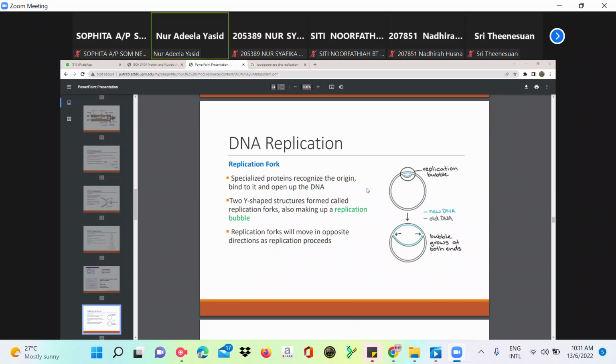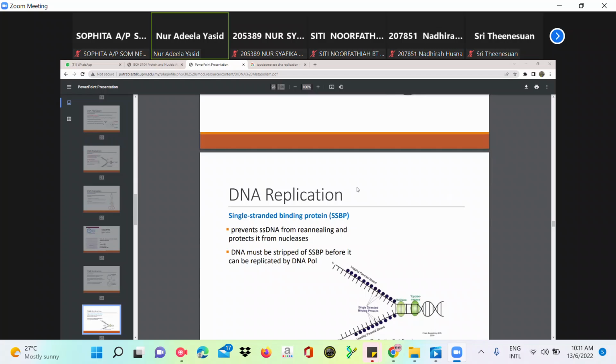It looks a bit like a fork. When this happens, it also makes up a replication bubble in the middle for DNA replication synthesis. Replication forks will move in opposite directions as replication proceeds.